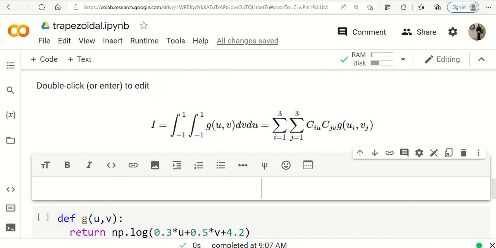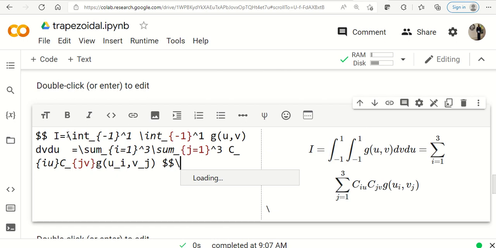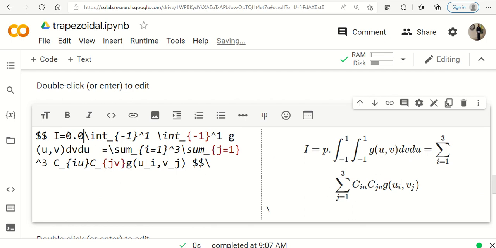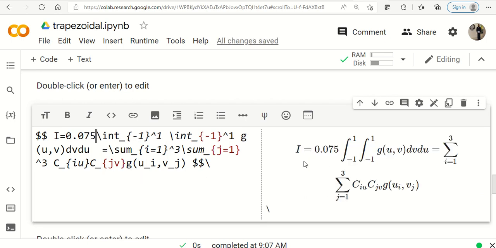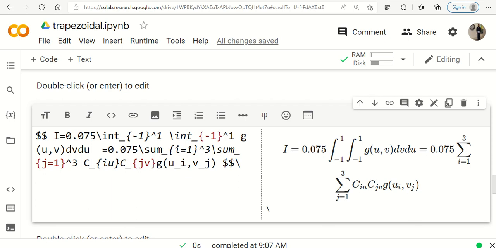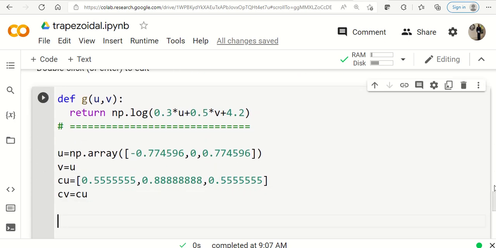We have to compute this summation, and when we transform this integral, there was a constant 0.075, because the original integral was log of x plus 2y dy dx. So this constant will also appear, 0.075. Okay, so let's implement that summation.